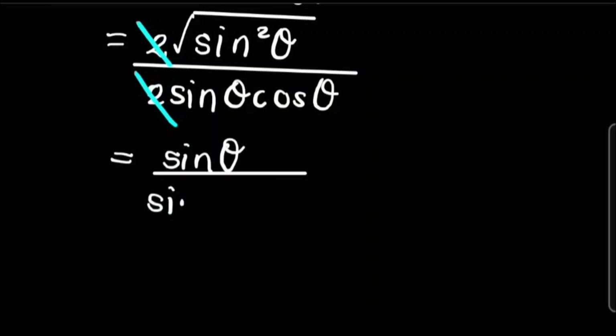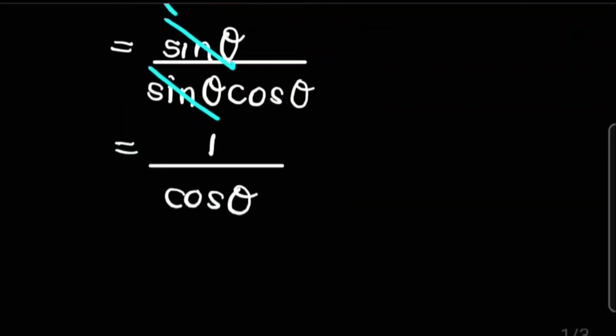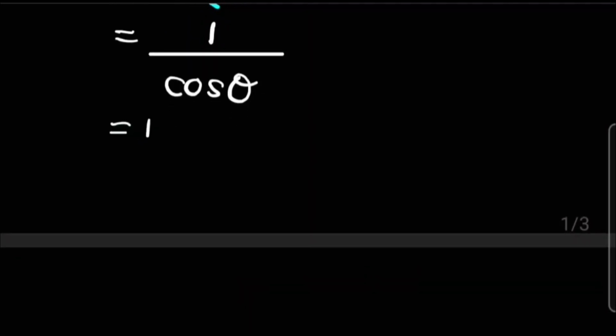In our denominator, what we're now left with is sine theta cos theta. And here we notice, hey, the sine theta at the top, the sine theta at the bottom cancel out with each other. What we're now left with is 1 over cos theta, and that is actually equal to the right-hand side.